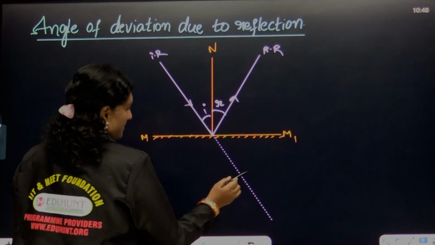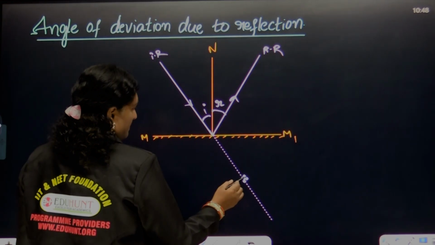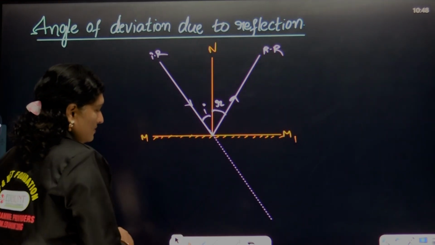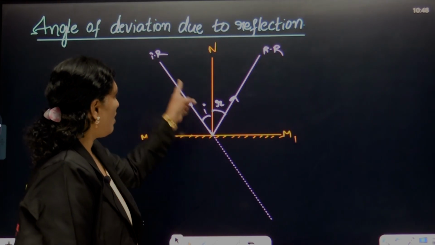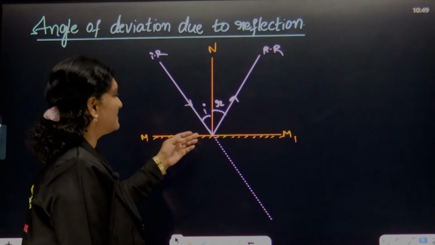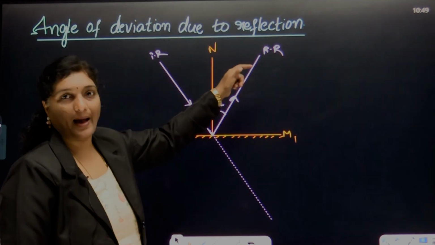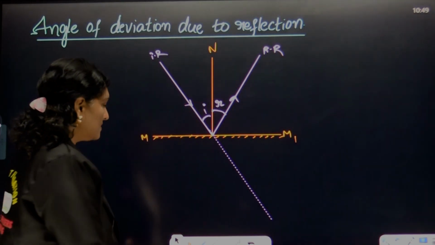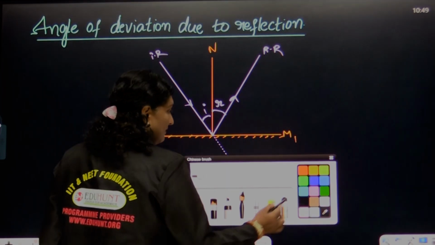So, this must be the path along which the incident ray should travel. But as the incident ray is reflected back into the same medium, it is deviated.